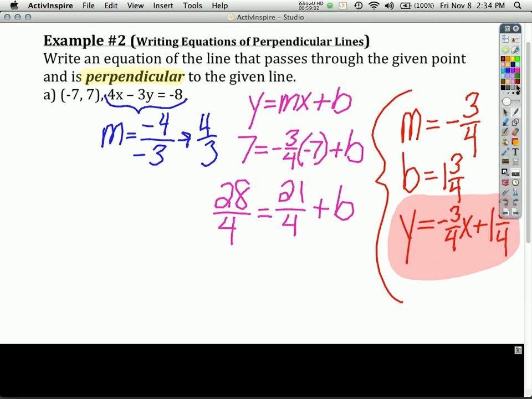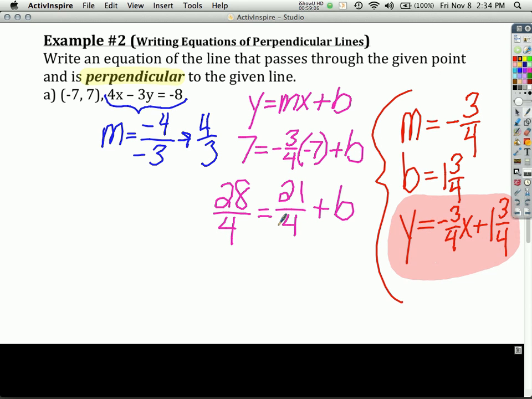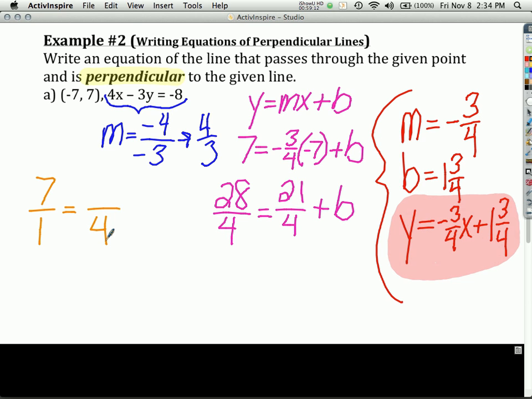Well, the reason I did it was because I knew I was going to have to deal with these fourths over here. But 7/1, how can I get that to turn into fourths? So what did I do to get from the 1 to the 4? What did I do, Kamoy? You multiply the 1 by 4 and then you multiply the 7 by 4. That's right. You multiply the bottom by 4 and you get that.